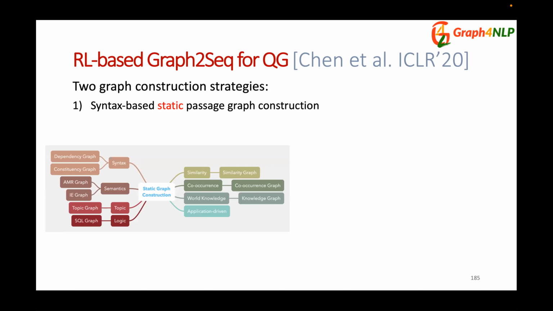As for the dynamic approach, they built a semantics-aware dynamic graph where node embedding based similarity metric learning and kNN-style sparsification were applied. Since we've already introduced these techniques in the previous part, I will not go into the details about this.